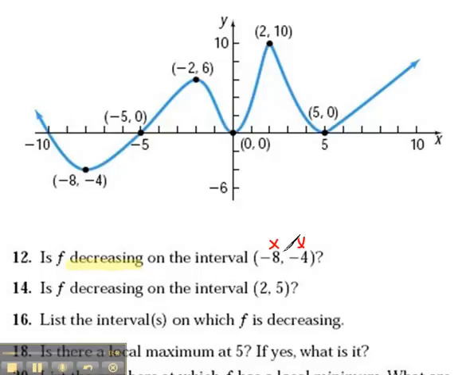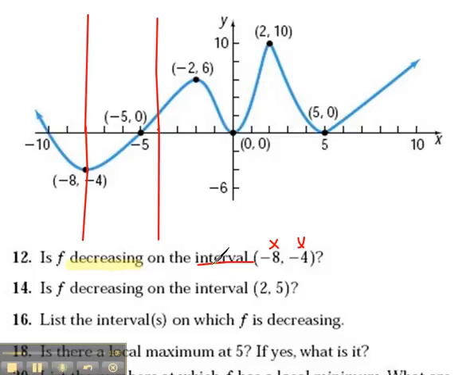It's talking about two different x values because of that word interval. So starting with an x value of -8, which would be right here, and ending at an x value of -4, which would be right here, is this function decreasing in that interval?